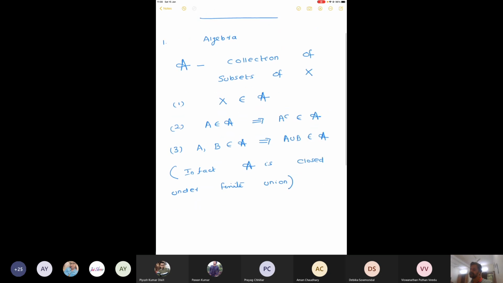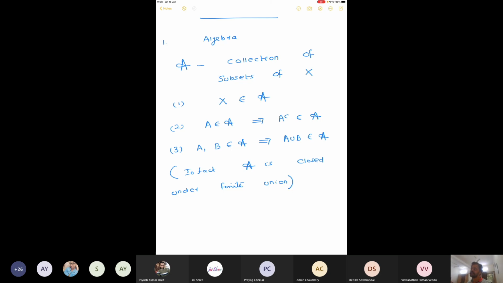So what's the difference? Chief difference between an algebra and sigma algebra is in the third property. Algebra is closed only under finite union, whereas sigma algebra is closed under countable unions. Okay. Obviously, every sigma algebra is an algebra. And the converse need not be true.